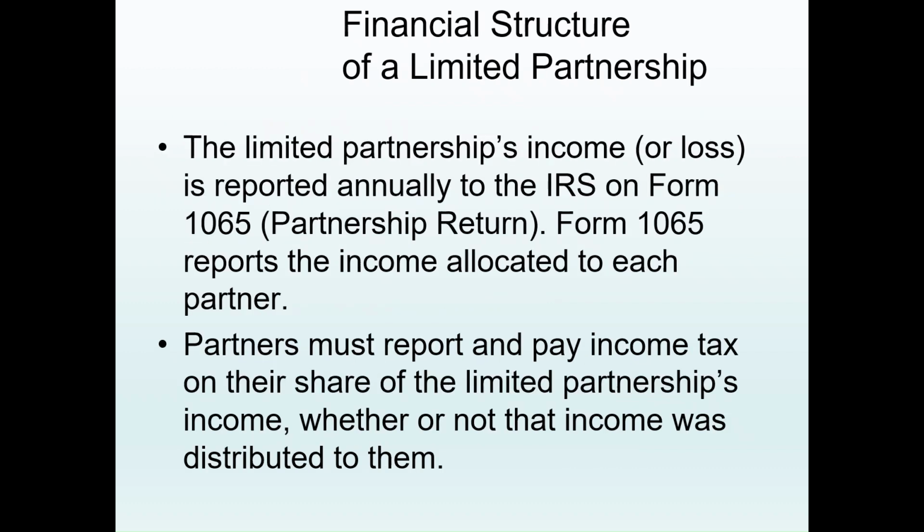The limited partnership's income or loss is reported annually to the IRS on Form 1065, which is a partnership return. This form reports the income allocated to each partner. Partners must report and pay their income taxes on their share of the limited partnership's income, whether or not that income was distributed to them.